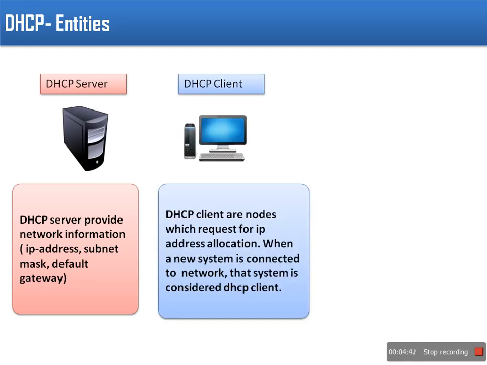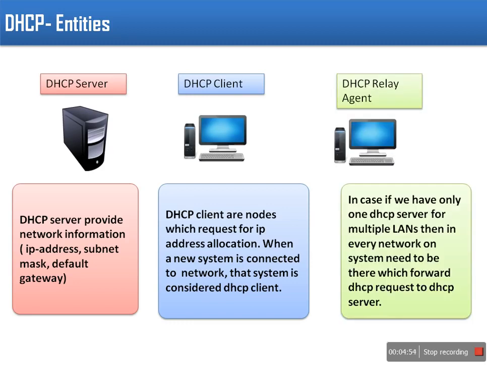The second entity is the DHCP client. Any device which is going to connect to the network and fetch details from the DHCP server is considered a DHCP client. And the third one is the DHCP relay agent. What is the meaning of this?